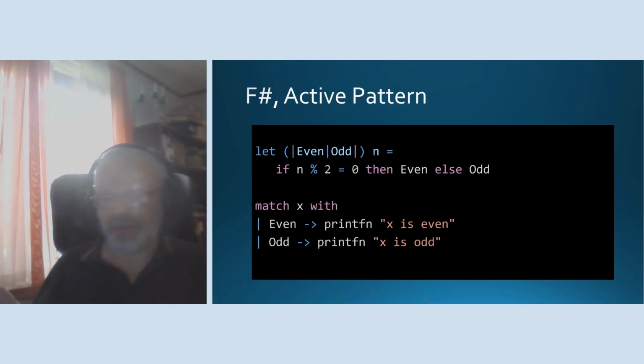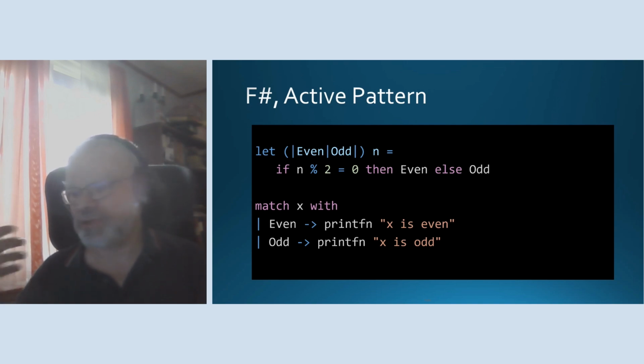Here we have even or odd, so that is called from the match, and let's say the result is even, then that even will match, and we print X is even. This is very powerful because you can have very complex matching used in this function. You can have return variables and a lot of things, really. I haven't found any way to do that in Rust, actually. There might be.